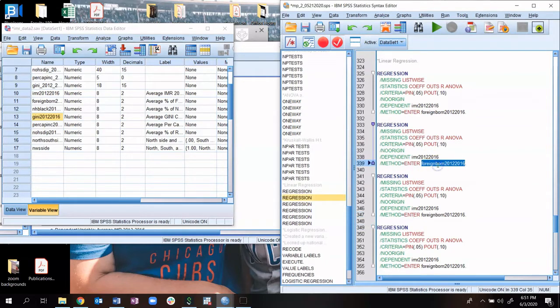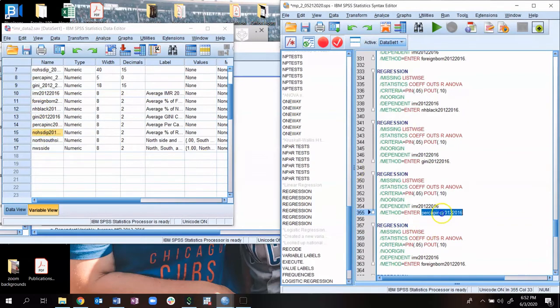All right, so non-Hispanic Black goes here. Gini coefficient goes here. Per capita income goes here. And then no high school diploma goes here.